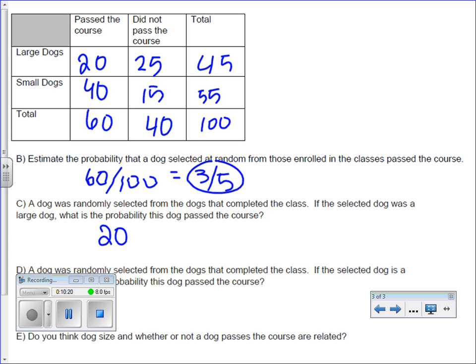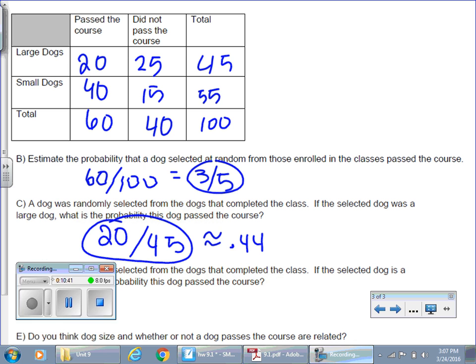So the probability of it actually happening goes on top, and then out of all large dogs. So the total large dogs would be 45. So this is approximately 0.44, but it didn't say that we had to change to a decimal, so this should be fine. If you can reduce it, go for it and reduce it.